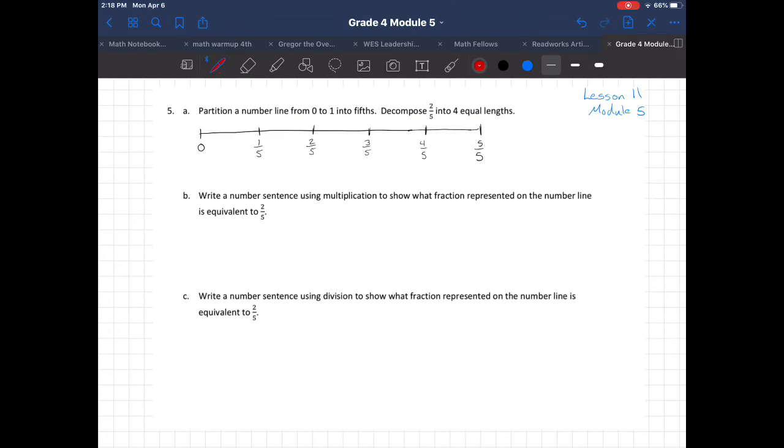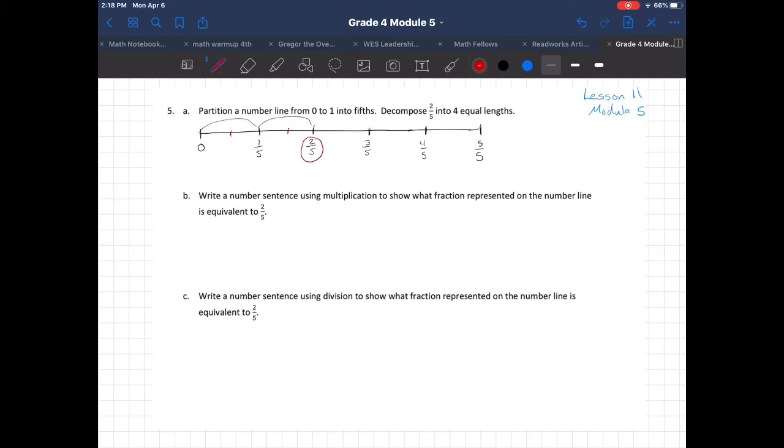And 5. Partition a number line from 0 to 1 into fifths. I already did that part. Decompose 2/5 into 4 equal lengths. So here's 2/5, and right now it's 2 equal lengths. We want to make it be 4, so if I did that, I would have 4 equal lengths.